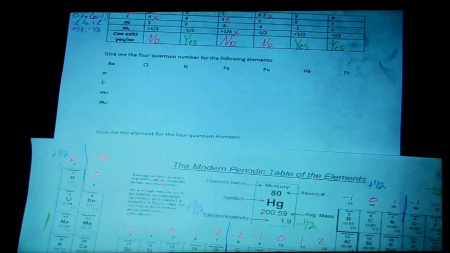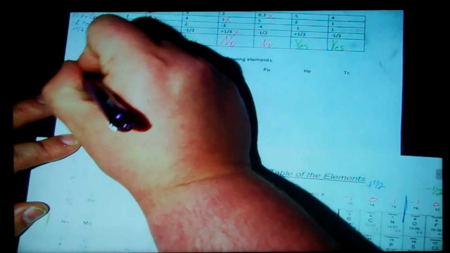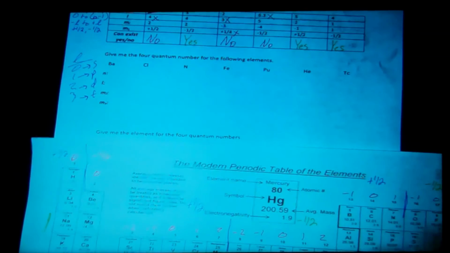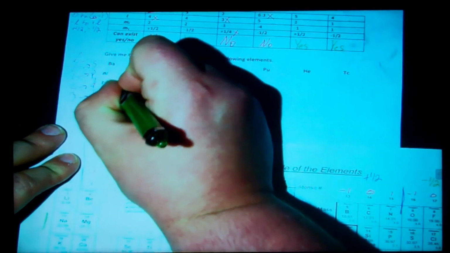And remember, for L, 0, 1, 2, and 3. 0 is for S, 1 is for P, 2 is for D, 3 is for F. So, barium is in the S block, which means L has to be 0.